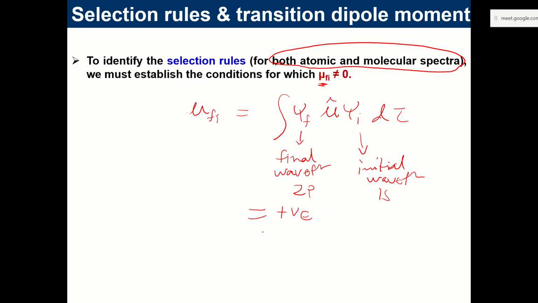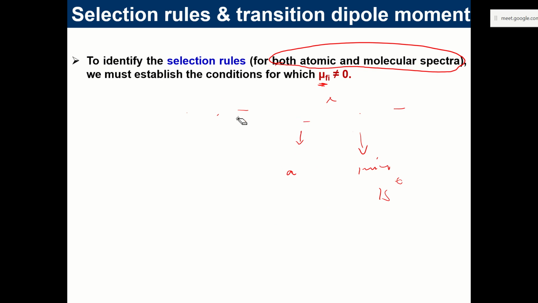It must not be equal to 0, that's what has been stated over here. So this is the thing that goes into the making of the explanation of these rules. And the stronger the dipole developed, the better will be the interaction.